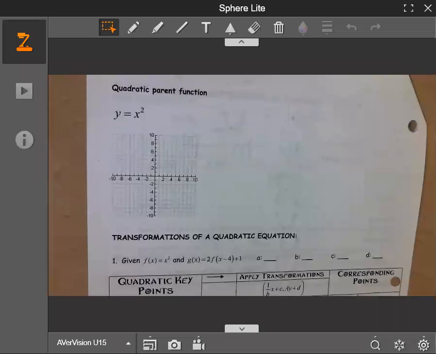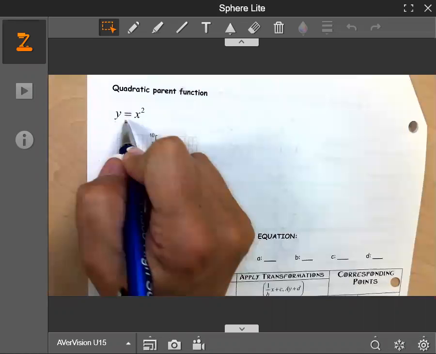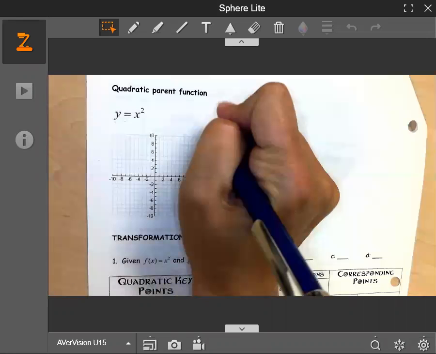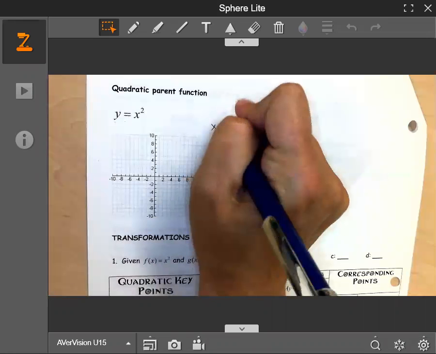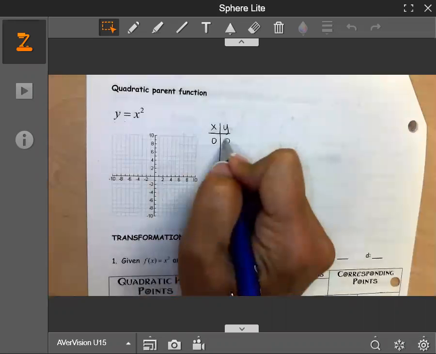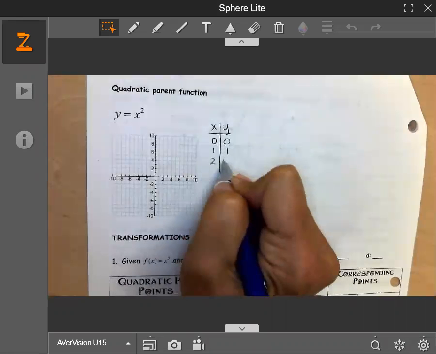All right, so let's talk about the parent function here. The quadratic parent function is y equals x squared, and we said that graph's a parabola. If you think about the table of values for a quadratic, 0 squared is 0, 1 squared is 1, 2 squared is 4.